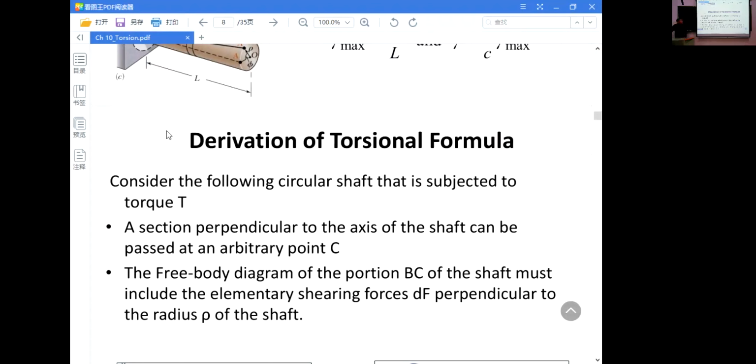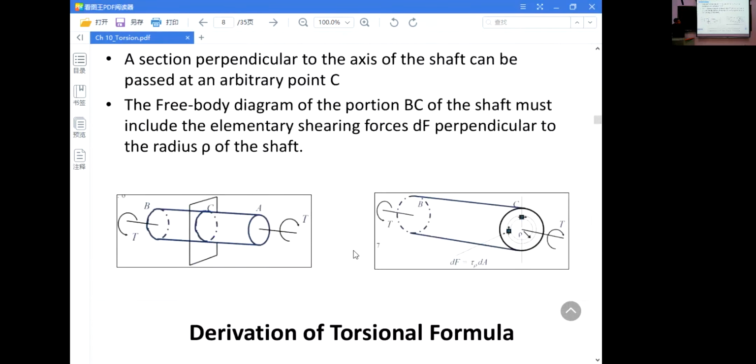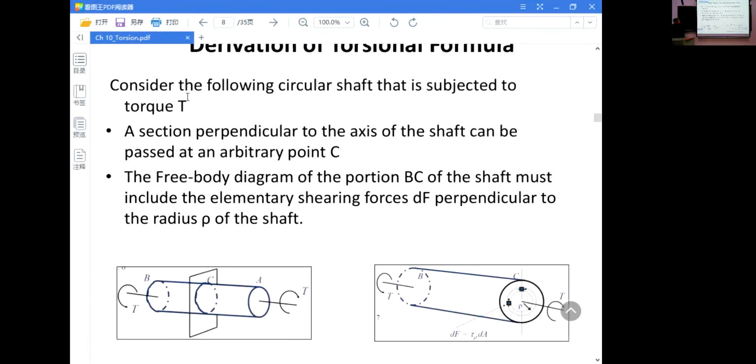Then, I'm going to derive the formula for how to get the shear stress for a shaft. At first, let's consider the full circular shaft. We just care about the circular shaft, and we don't care about any other shaft.